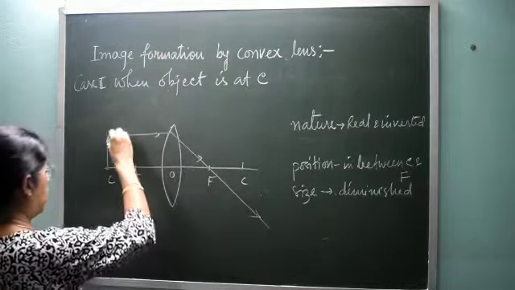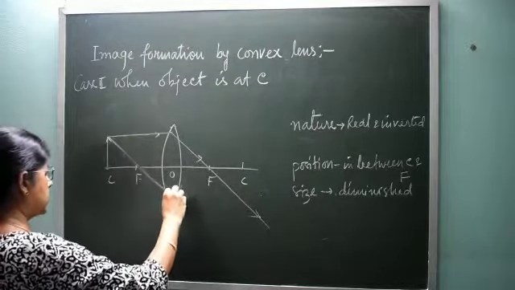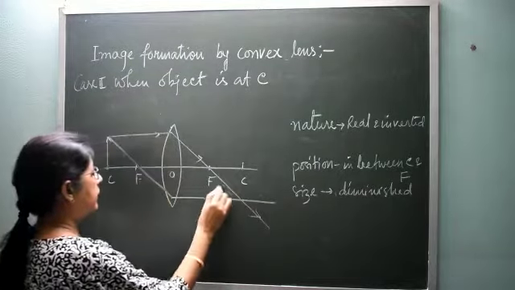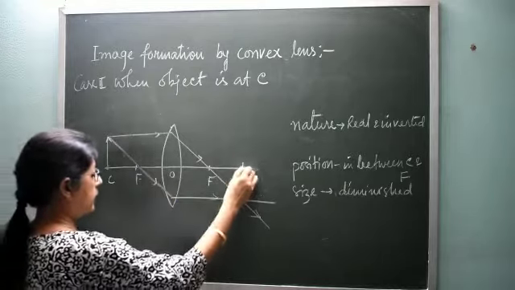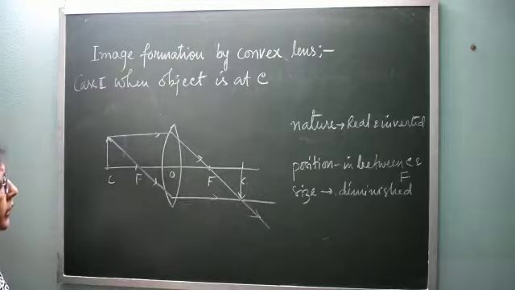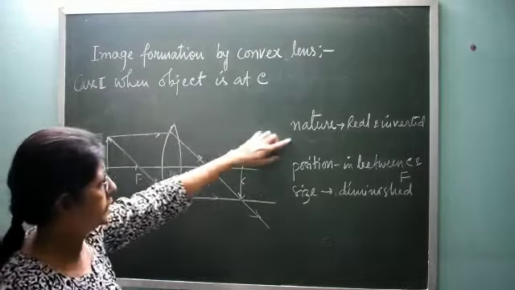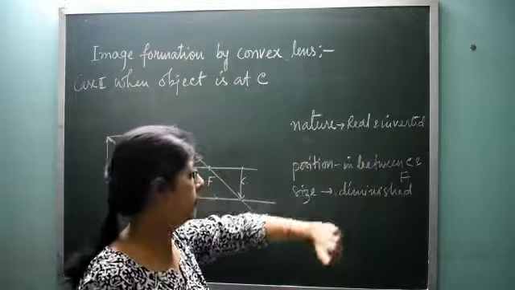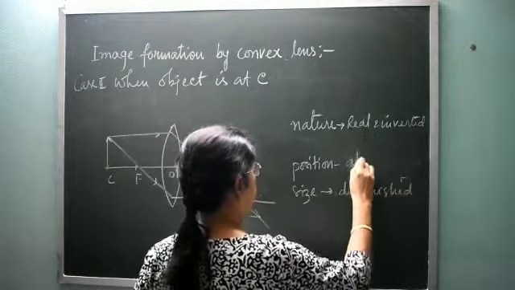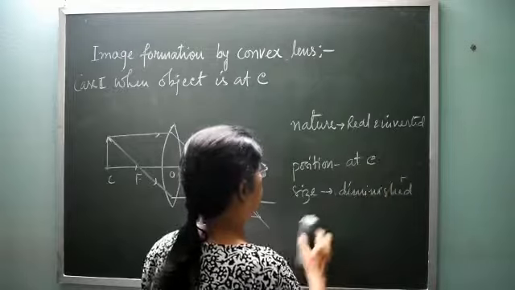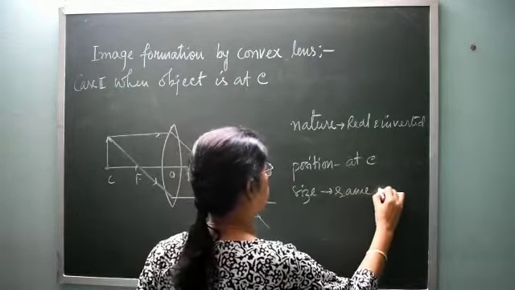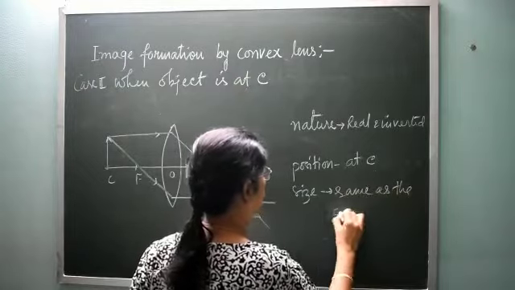Next, one ray passing through focus after refraction becomes parallel. So this refracted ray actually meets at this point. So where will the image be formed? Again, nature of the image will be real and inverted, and position will be at C. And what about the size? Size will be same as the object.